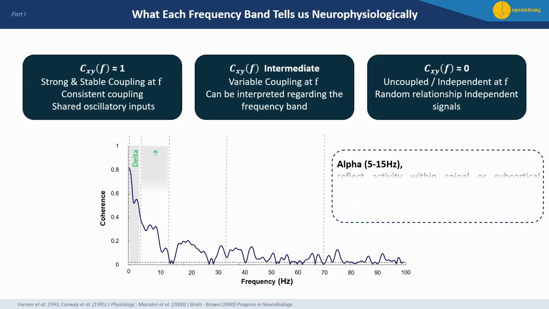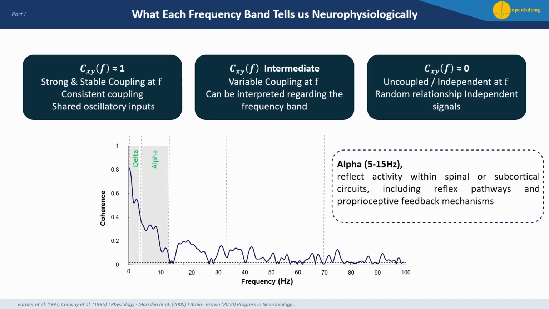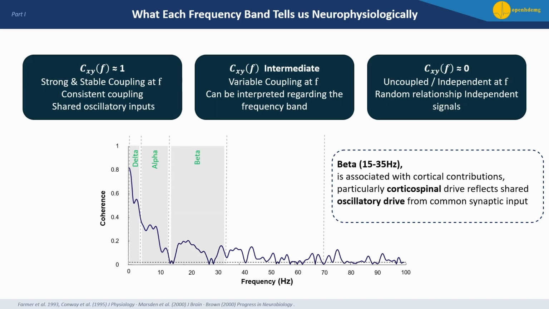contractions. Next, we have our alpha band from 5 to 15 Hertz, reflecting activity within spinal or subcortical circuits, including reflex pathways and proprioceptive feedback mechanisms. Next is our beta band between 15 to 35 Hz, associated with cortical contributions, particularly corticospinal drive, reflecting shared oscillatory drive for common synaptic input.